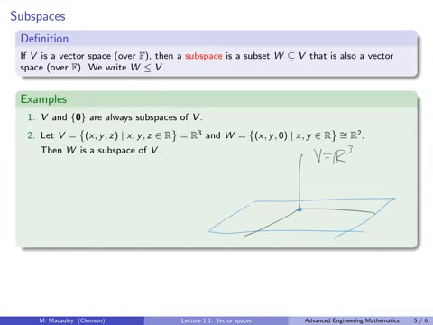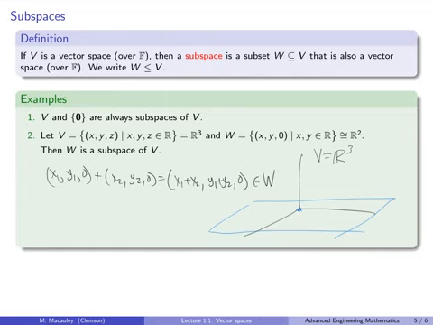So it's geometrically obvious, but if you want to prove it rigorously, you have to say take (x1, y1, 0) and add it to (x2, y2, 0), and you get (x1 plus x2, y1 plus y2, 0), and that is in the set W. So this symbol means in.